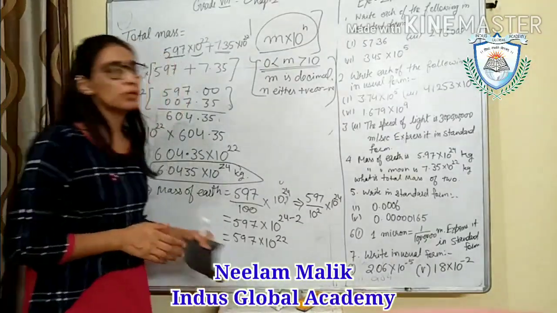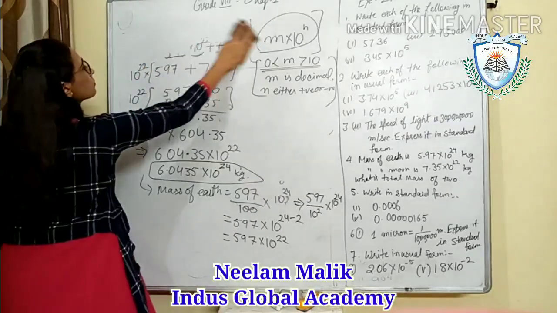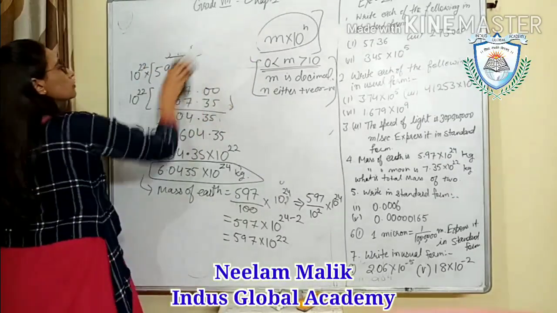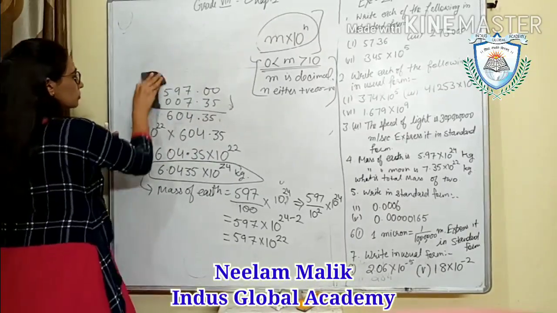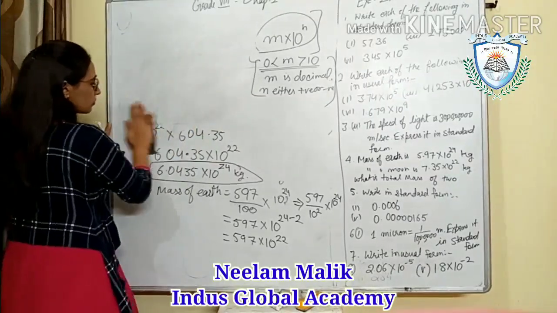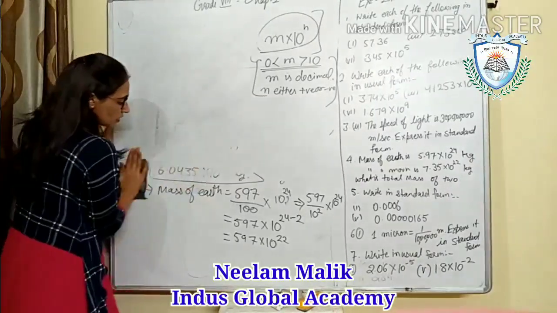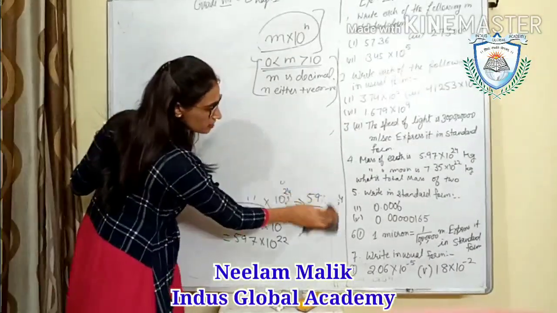Now question number 5. What is given to us? Write in standard form.